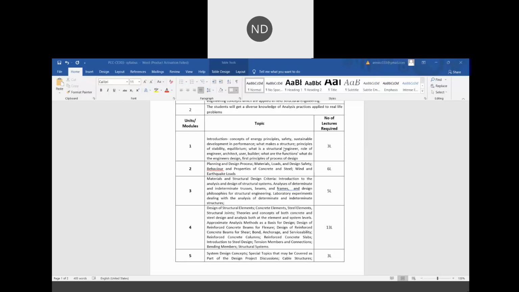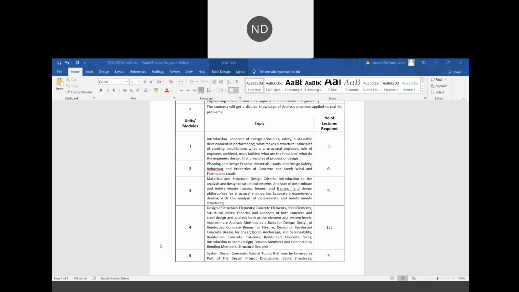What is structural engineering? What are the different roles of different engineers, architects, users, builders, all those things. Then second is about the material laws, design safety. Properties of concrete and steel, wind, earthquake loads, all those things.